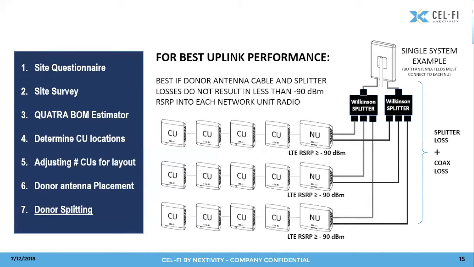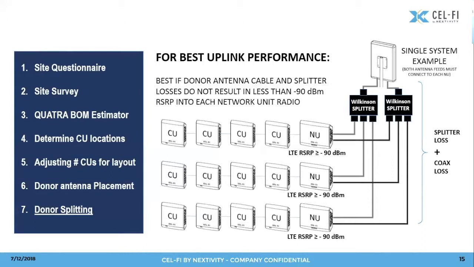Let's say I had a donor signal level, RSRP pilot level for LTE, of minus 90 dBm on the roof using a phone. Now, a phone typically has an antenna of 0 to minus 2 dBi, but you're going to put a high gain antenna up there, right? Let's say it has 10 dBi of gain. Well, that means if my phone saw minus 90 dBm RSRP, I should be seeing minus 80 dBm RSRP through this antenna.